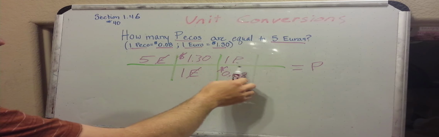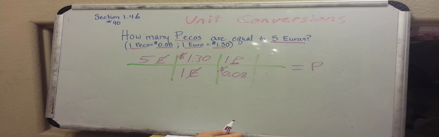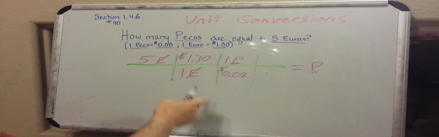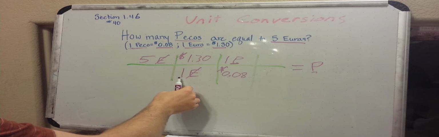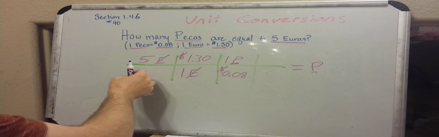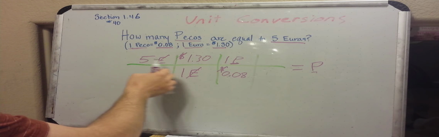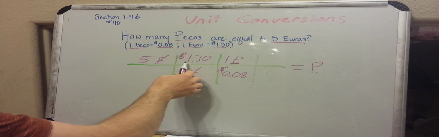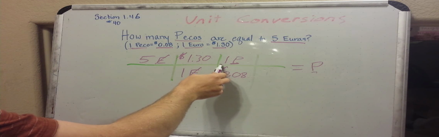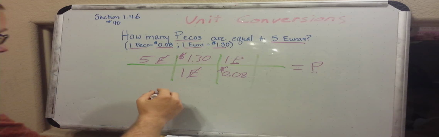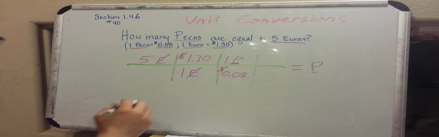The only unit that we have left is our pesos. So we're good on there. Now we can solve the rest of the equation. So let's start on the top. 5 times 1.3 times 1 peso.